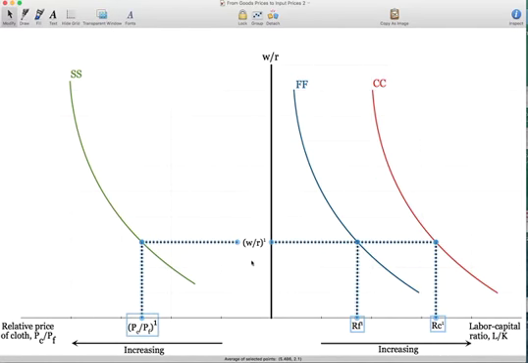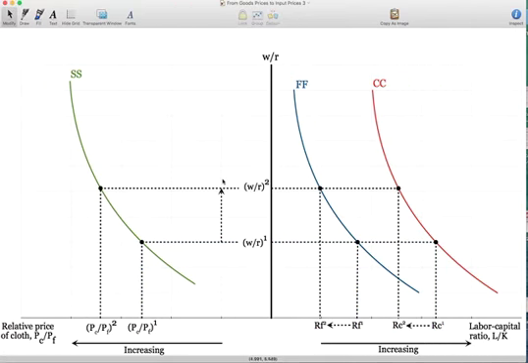And we also have an allocation of labor and capital of RF1 for food and RC1 for cloth. The most important thing is, what's going to happen when we change this? What happens if there is a change in the ratio of the wage rate to the rental cost of capital?